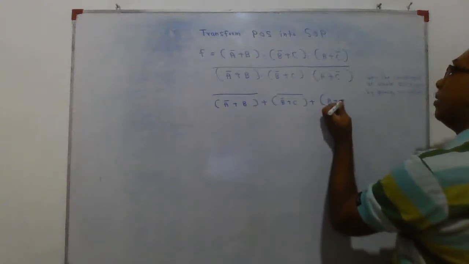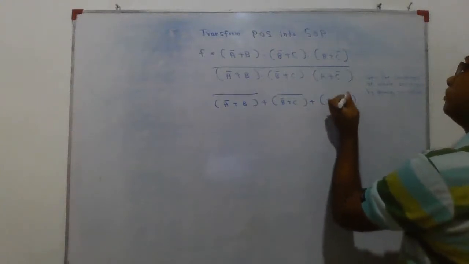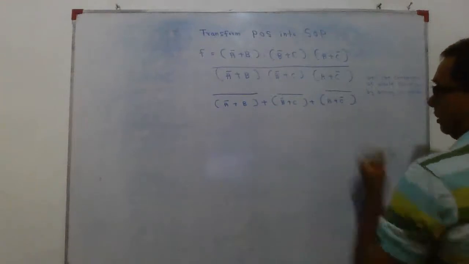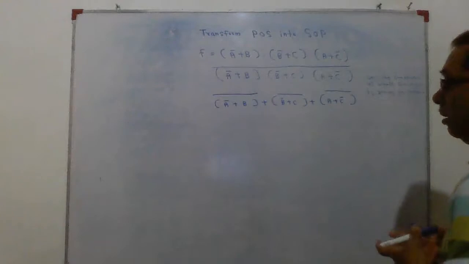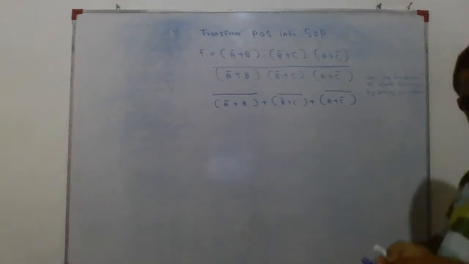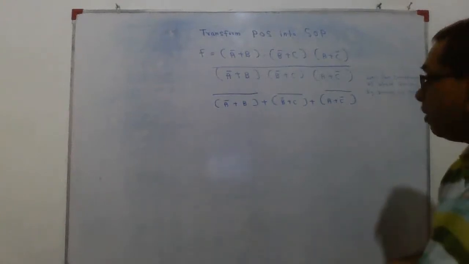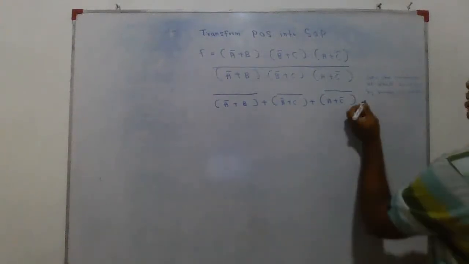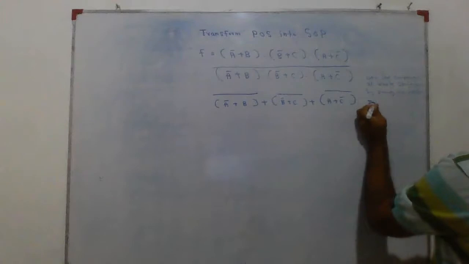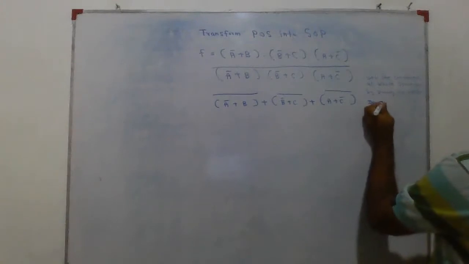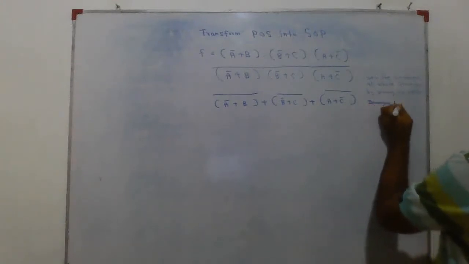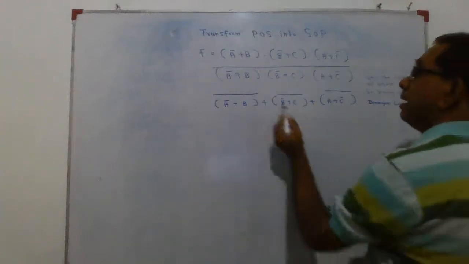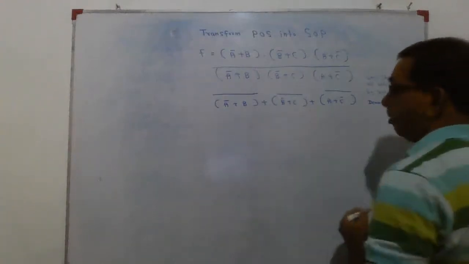Now we have A O C bar, and the operator has changed and the line has broken. Now we have used De Morgan law. This time we say this is De Morgan law.